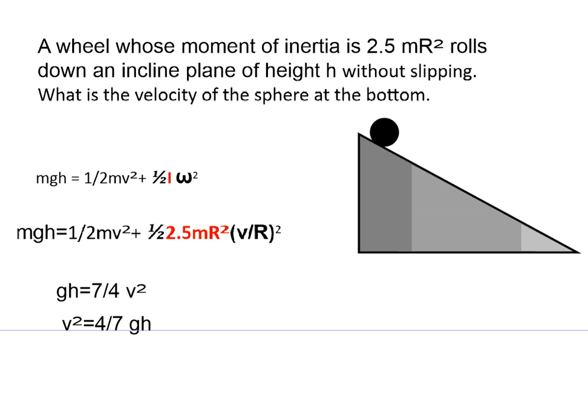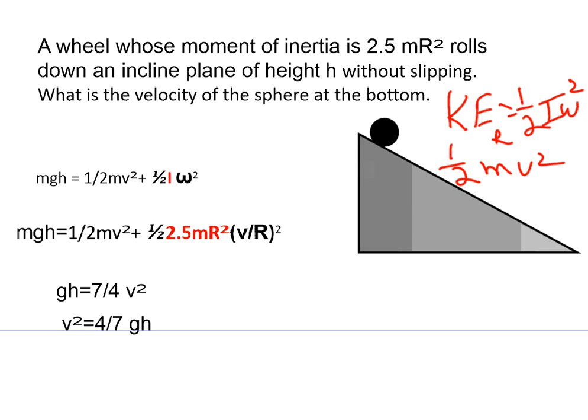Let's take a look at this particular problem. Now this uses the fact that something is rolling, it has rotational kinetic energy. We can write that as kinetic energy rotational equals 1/2 I omega squared. Something that is just flying along has translational kinetic energy equal to 1/2 mv squared.